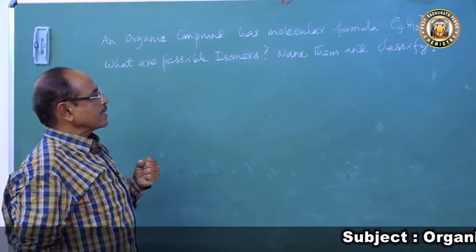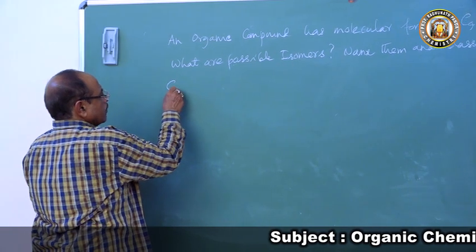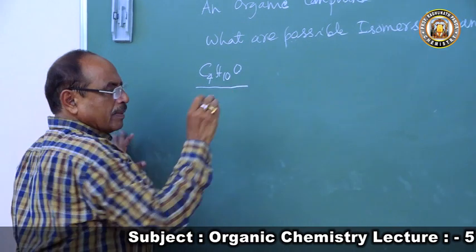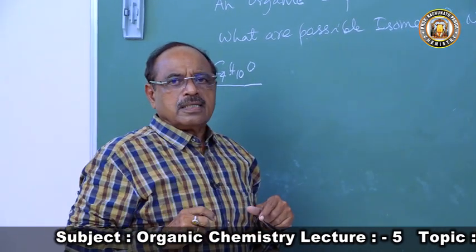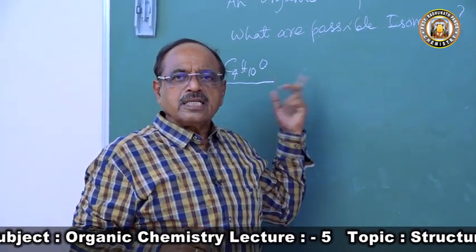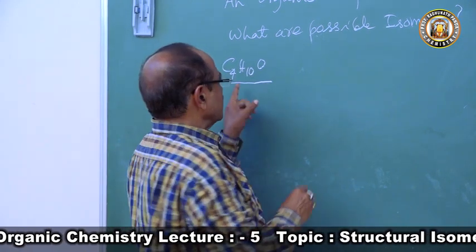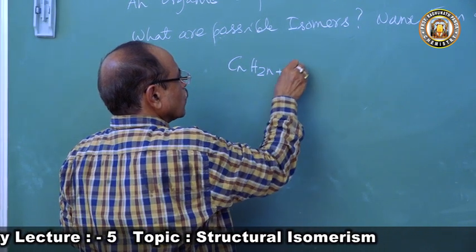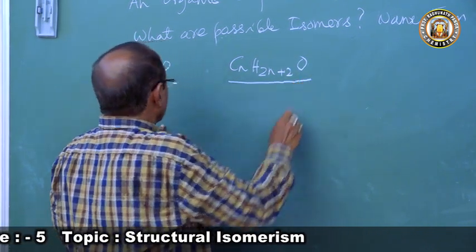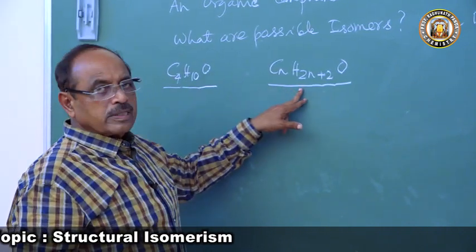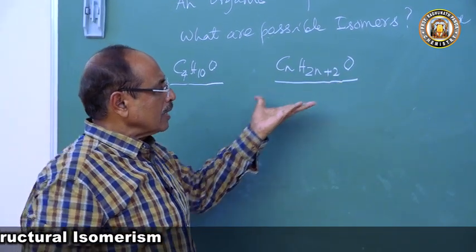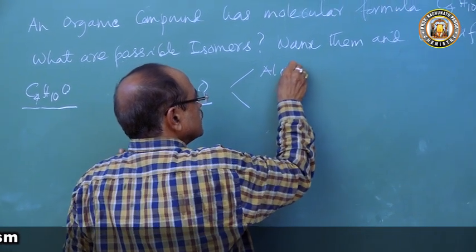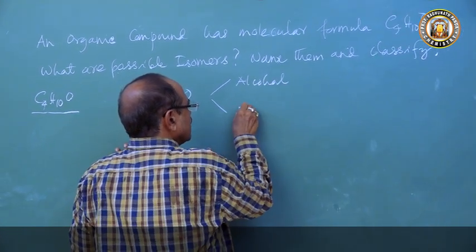Now C4H10O. When a question comes, many often remember the answer, but never remember the answer, think the question. C4H10, so what is this? This is CnH2n+2O. So CnH2n+2O is what? It can be an alcohol or it can be an ether.